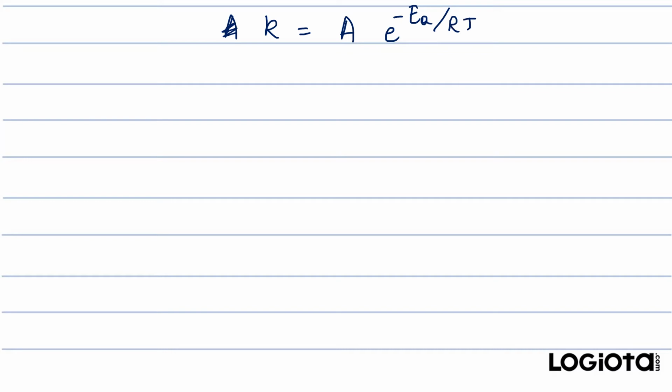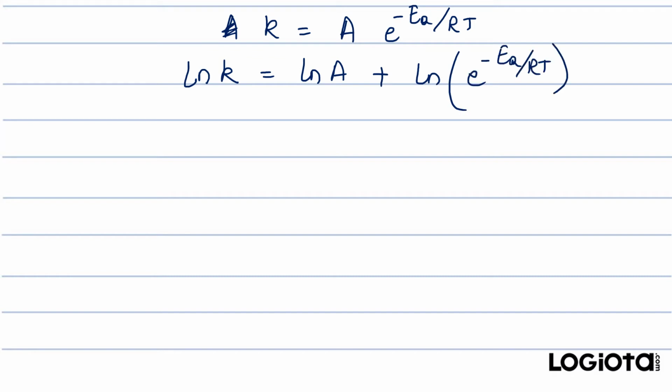If we take the natural log on both the sides, it can be written as ln of k is equal to ln of A plus ln of e raised to the power minus EA over RT. Now, if we simplify this, the natural log and e get cancelled and it can be written as ln of A minus EA over RT.